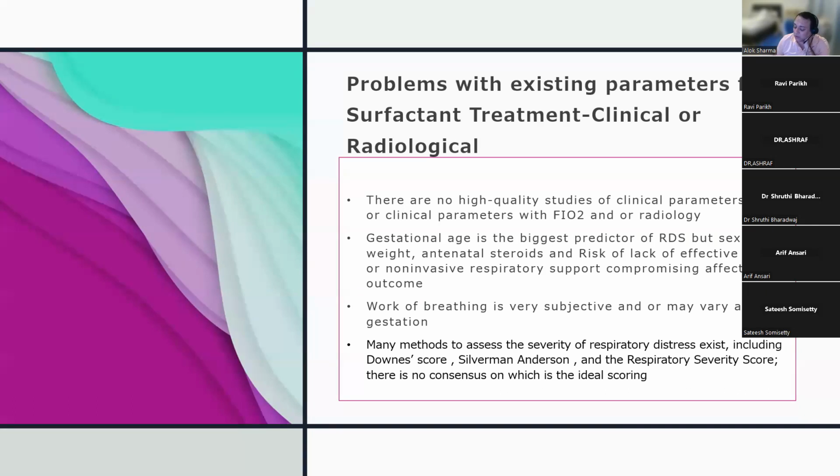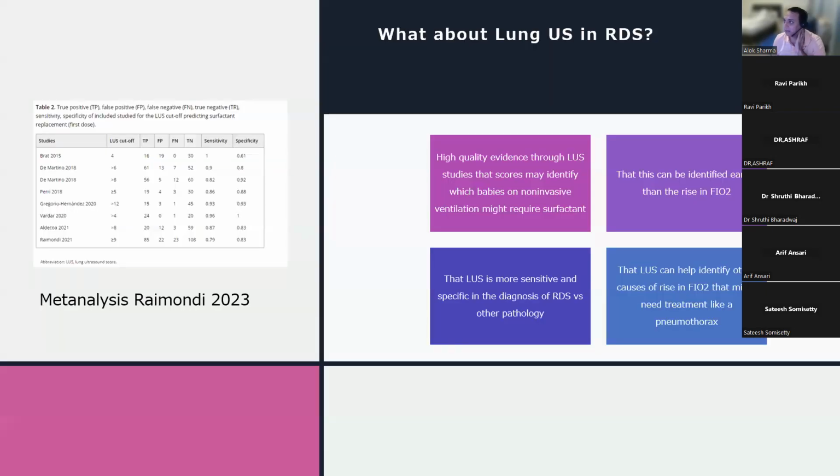Of all of these, when you look at the analysis through observational studies, FiO2 is quoted as being the most common. And that then brings me to, well, you have a more objective method to determine whether a baby has surfactant deficiency, which is lung ultrasound. Now, as I've spoken about in the last session, compared to just observational studies for FiO2, I'm counting 1, 2, 3, 4, 5, 6, 7 studies, of which at least 5 are randomized controlled trials.